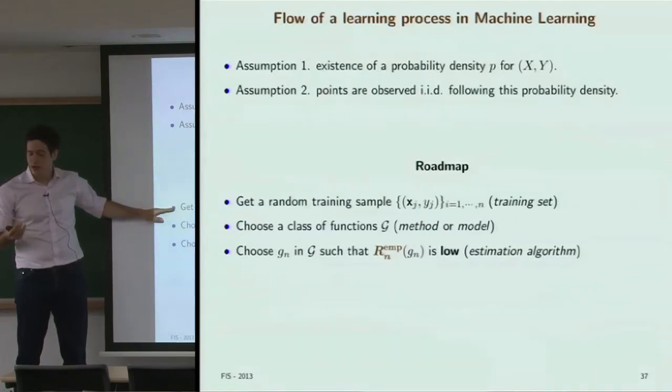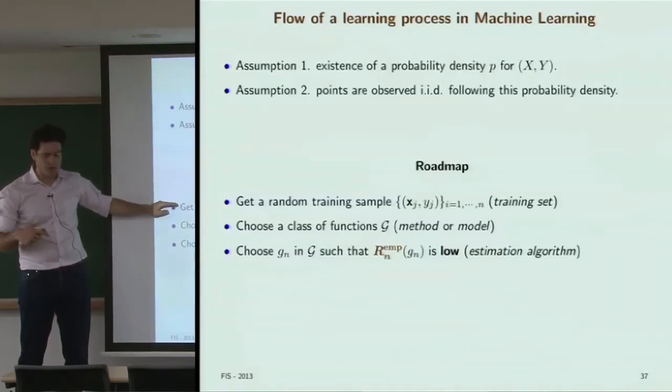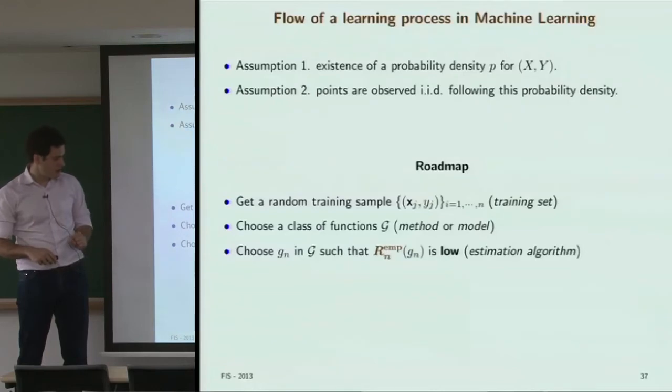We assume that somehow we will always do something of this sort. Get a random training sample, assume that the data is IID, choose a class of functions G, which is basically choosing a method or a model, and then choose a function Gn in that class of functions G, such that the empirical risk of Gn is low.